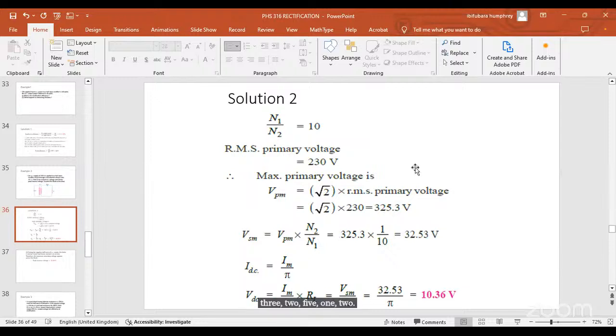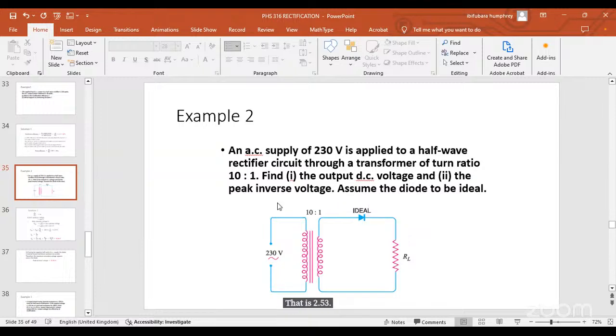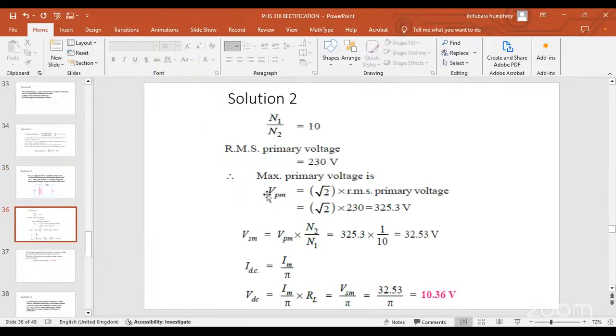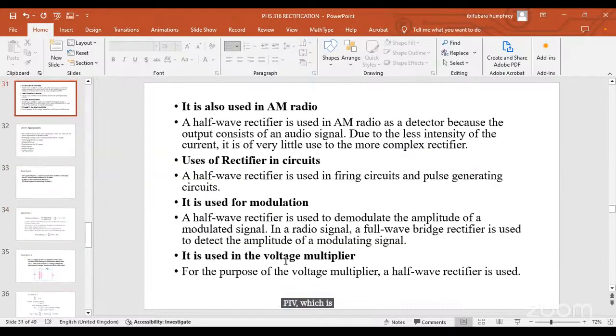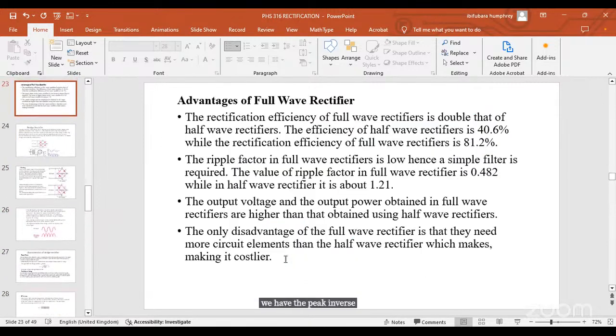And then when you substitute this value into the equation relating primary and secondary turns to primary and secondary voltage, that will give you the secondary voltage as 32.53. And then we are asked to find the peak inverse voltage, which is PIV, which is this. Remember, we have the peak inverse voltage here.